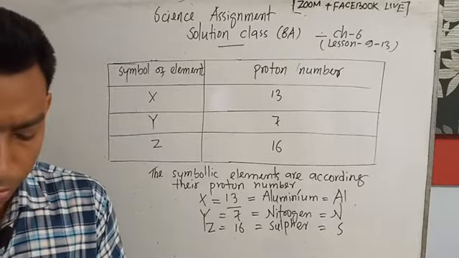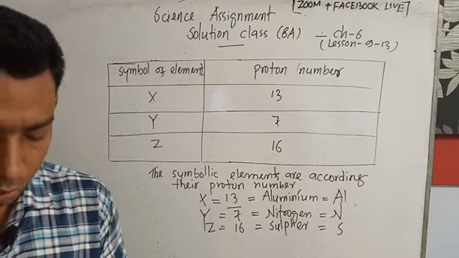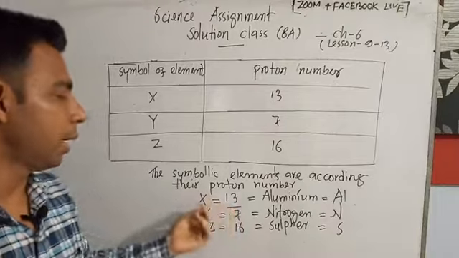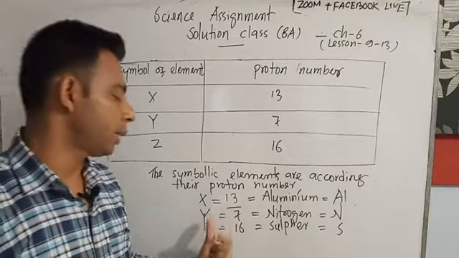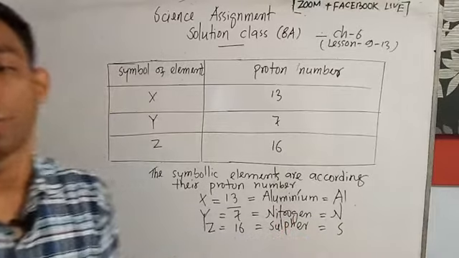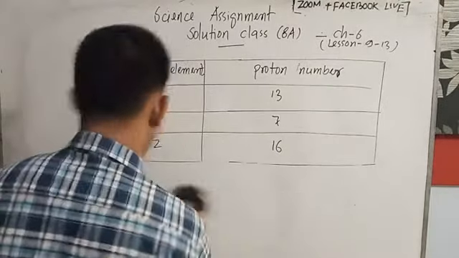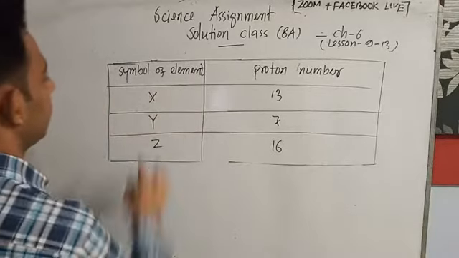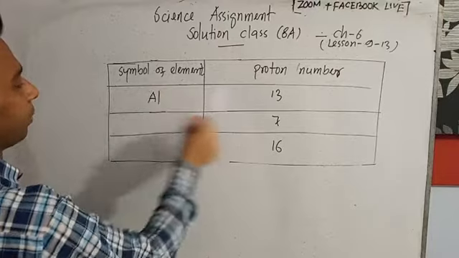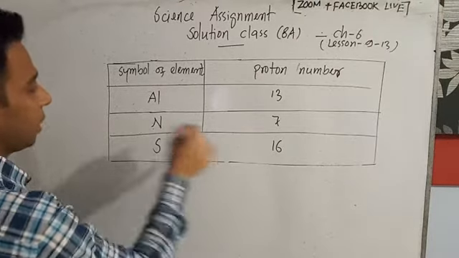Okay, so where were we? That is the very first time we drew the chart there, with symbolic elements to find out X, Y and Z: aluminium, nitrogen and sulfur. We got that one. So now we can erase this time and write here: 13 is aluminium, nitrogen has proton number 7, and sulfur.